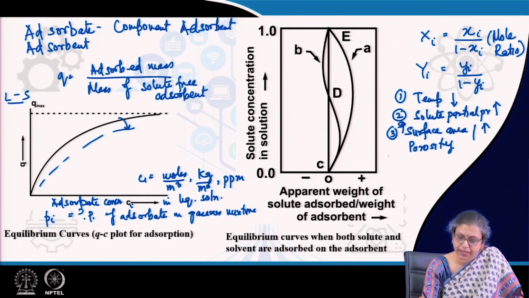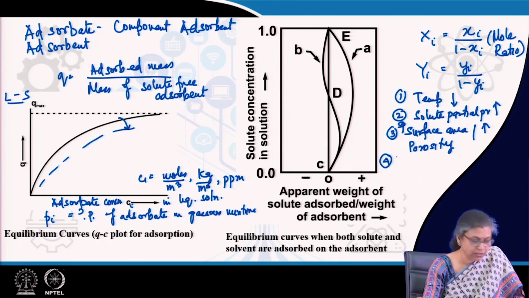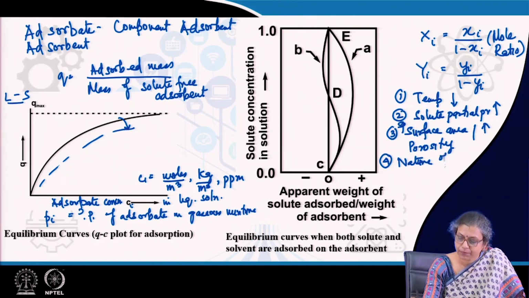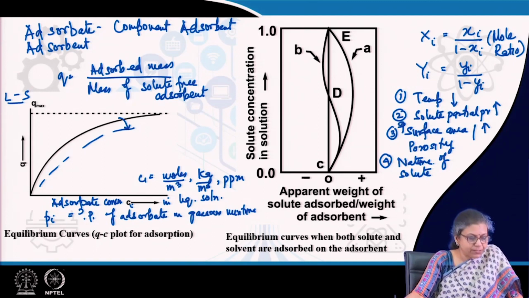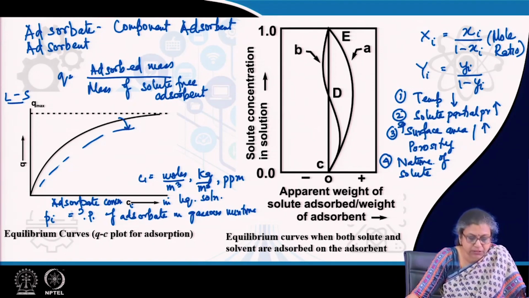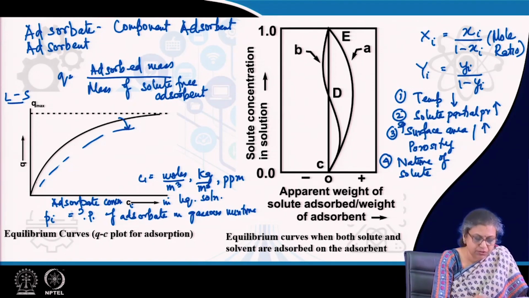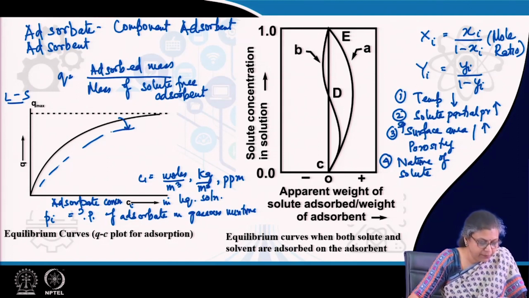The next thing which again influences this adsorption curve is the nature of the solute. How does the nature of the solute influence this adsorption curve, if you can tell me?